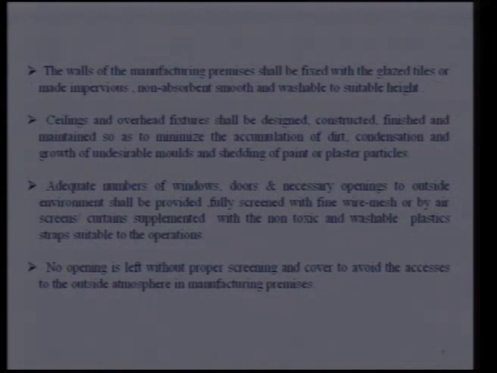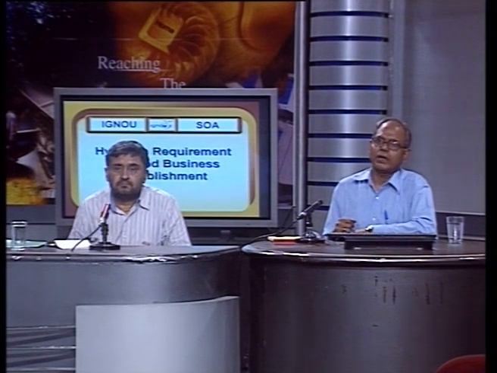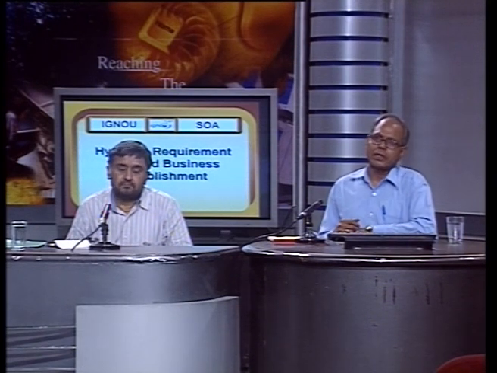Adequate numbers of windows, doors and ventilation should be provided in the processing hall, and all the doors, windows or any openings should be properly fly-proofed with nylon or iron nets, and there should be an automatic door closer so that the door is automatically closed, and there is no entry of flies and other pests, because in the food processing industry there are a lot of flies due to the nature of the product like fruits, vegetables and other products.